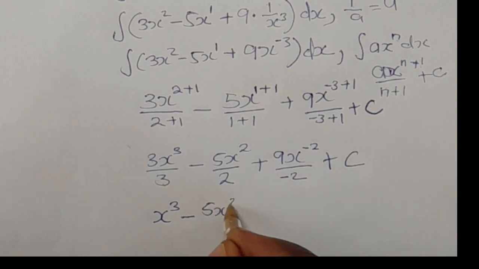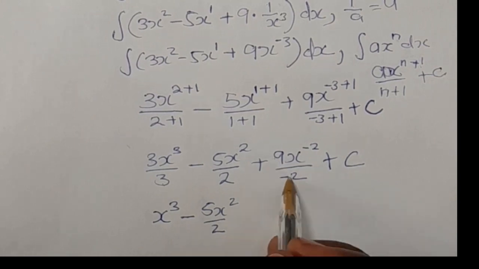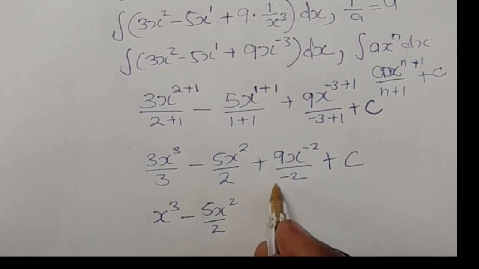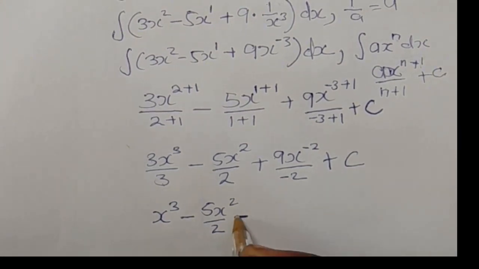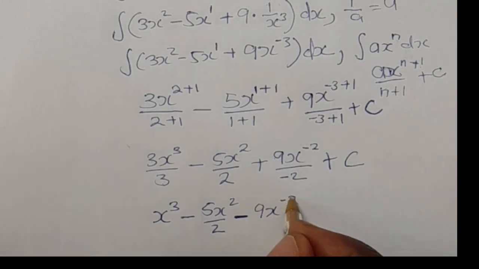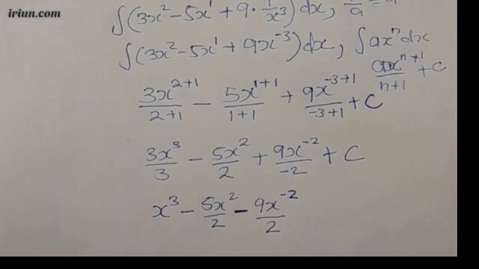5x squared over 2. Then here we have a positive number being divided by a negative number, so the answer will carry a negative sign. So we have negative 9x to the power negative 2 over 2 and plus c.